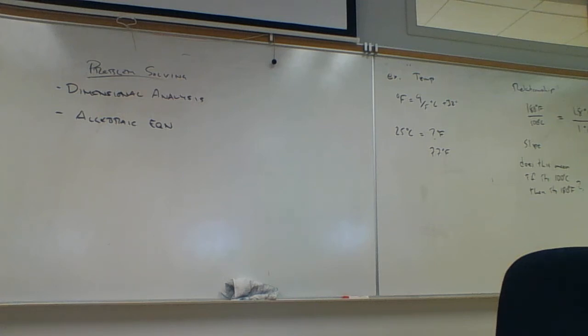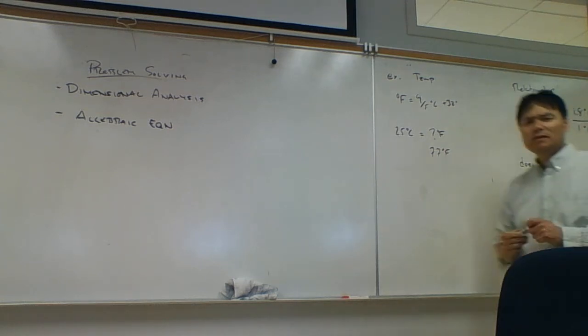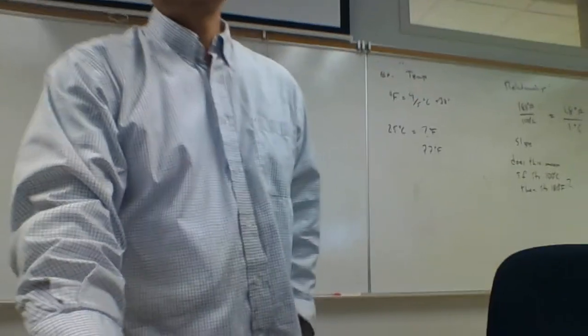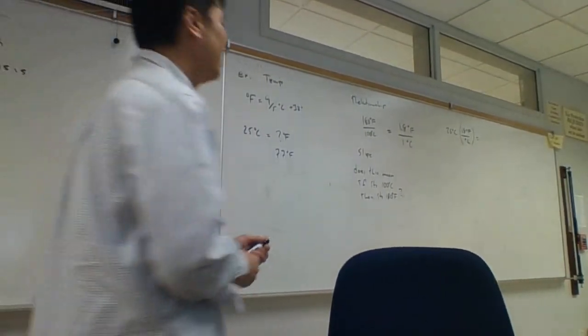And so can't I use this in a problem like this? For example, 25 degrees C, and then I use this. Well, I know that there's 1.8 degrees Fahrenheit for every degree C based on the ratio, based on the slope I got, right? And so what does this give me? 25 times 1.8 is what? 45.